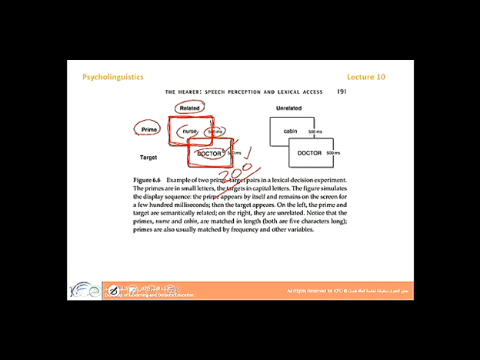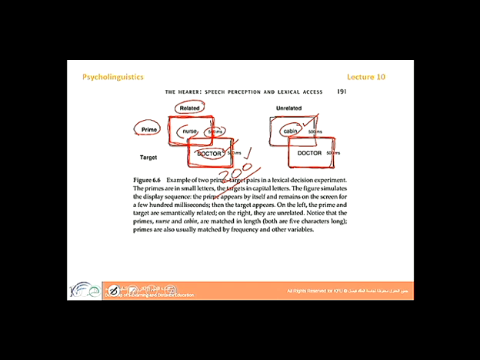Then I show other people, first of all, an unrelated prime. I show them the word cabin, which is not related to doctor, is it? Okay, they say cabin, yes, it's a word. And then I show them the word doctor. What we found is that it takes people longer to say this is a word.